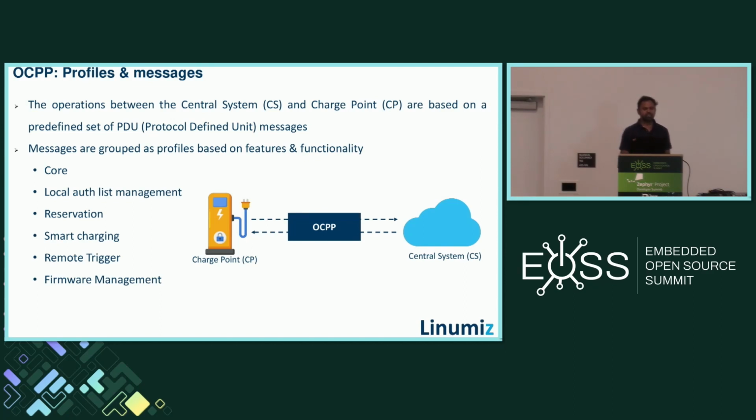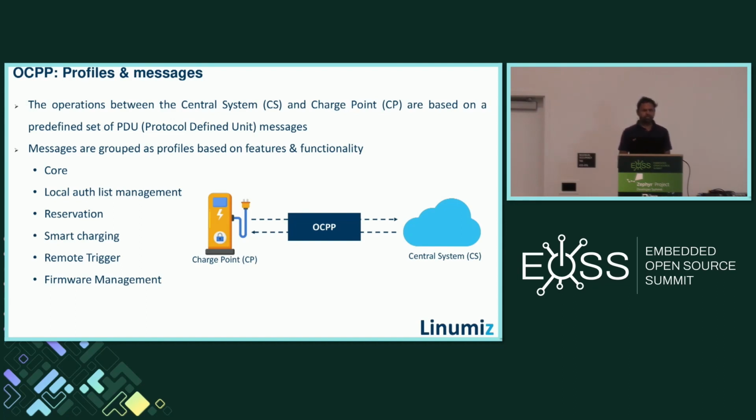The core profile, which is the mandatory profile, handles all the messages required for starting and stopping charging, etc. Apart from that, we have the local authorization list, which is mainly to authorize when there is no connection between the central system and the charge point because of a network issue or anything. Then the charge point can take action, like authorizing the user if the user has already been authorized and has a validity tag.